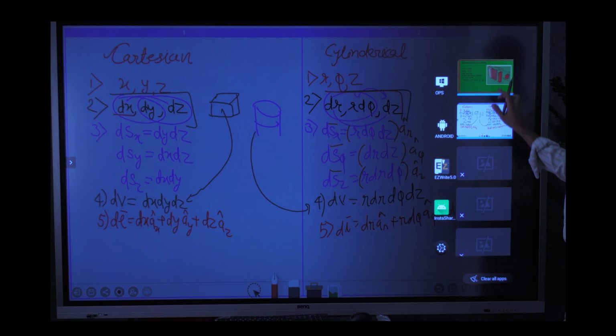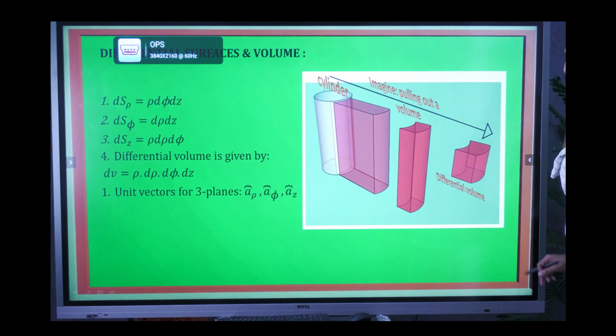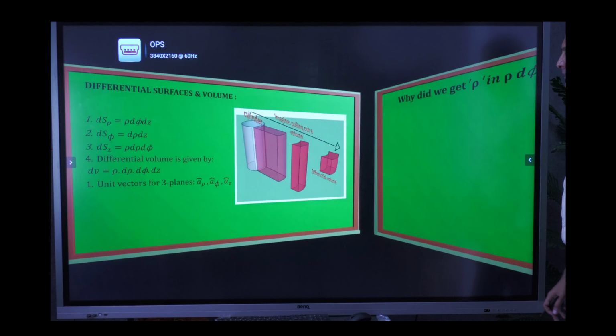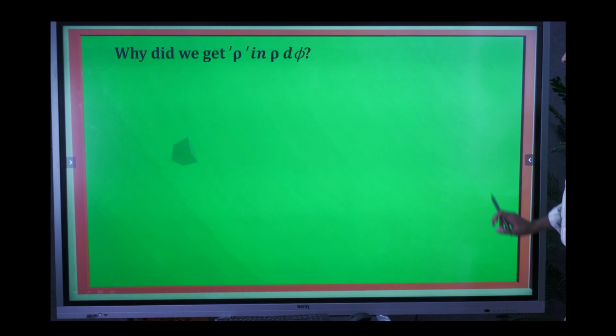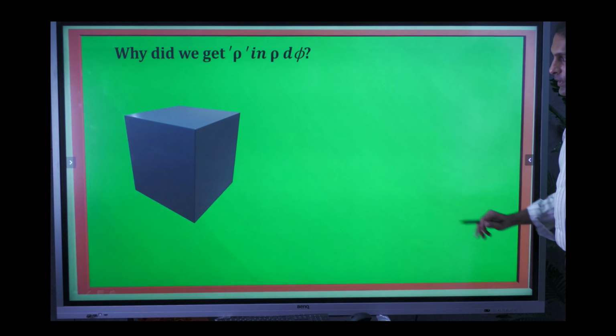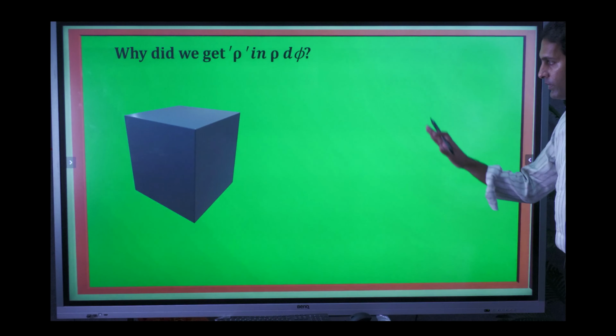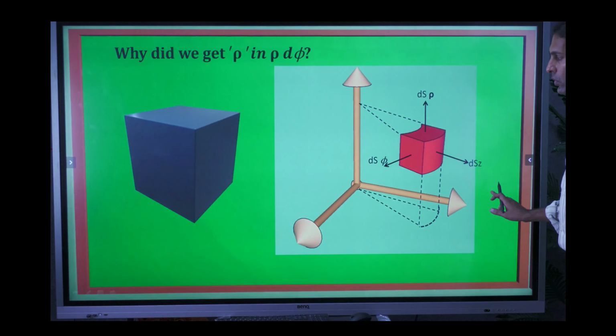Now we'll explore the same thing using some 3D diagrams in brief. So here we can see once again why the additional r is there in the r d phi equation. If we compare it with Cartesian, we have all straight lines, no curves.